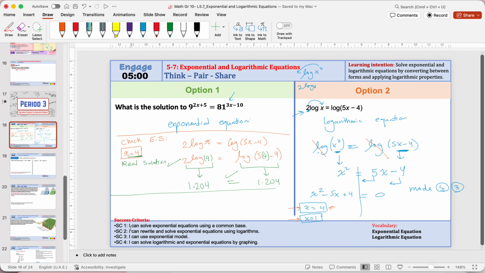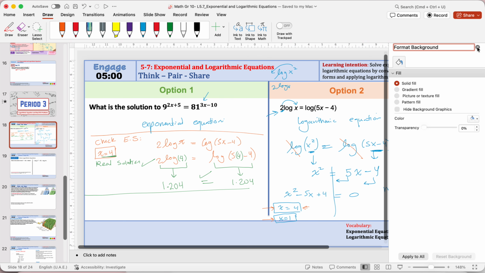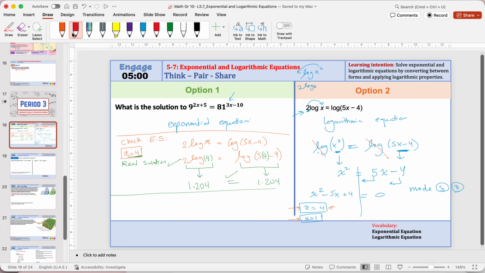So you will do the same thing for all the solutions you got. I got x equals 4 and x equals 1. So do the same for x equals 1. Again, 2 log, substitute the x with 1. Check whether it is equal to log 5 times 1 minus 4, and put this in the calculator. 2 log 1 is 0, because log 1 is always 0, and 0 times 2 is 0.